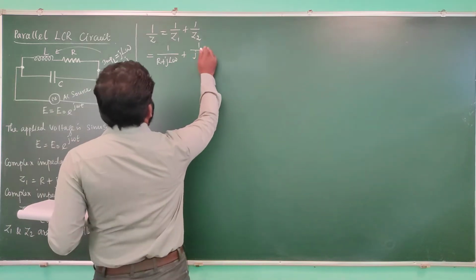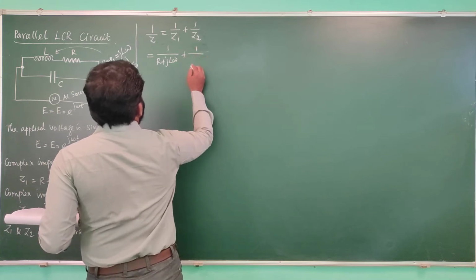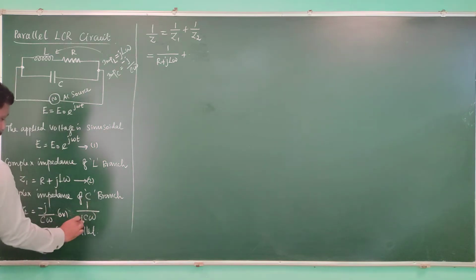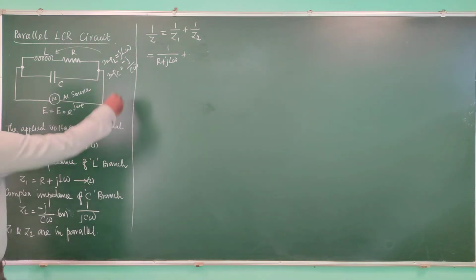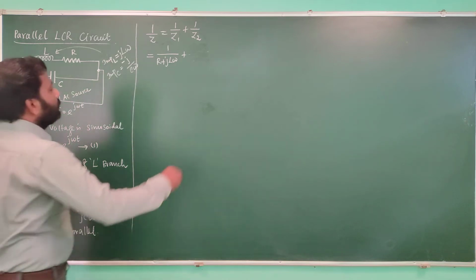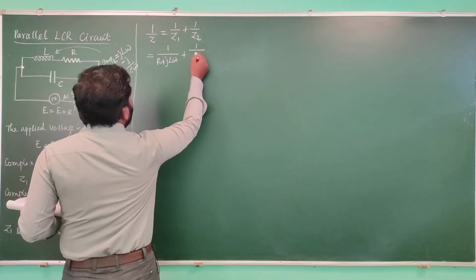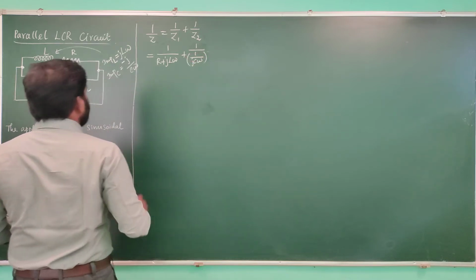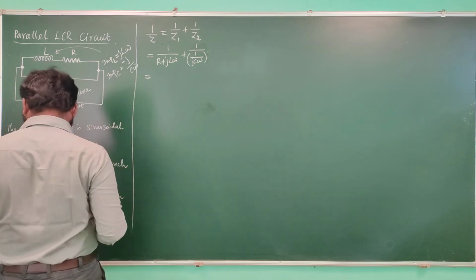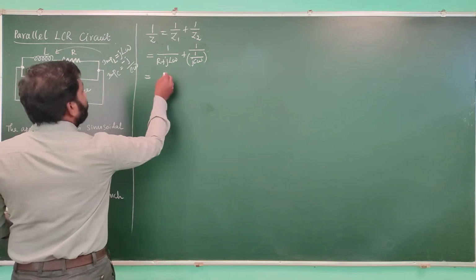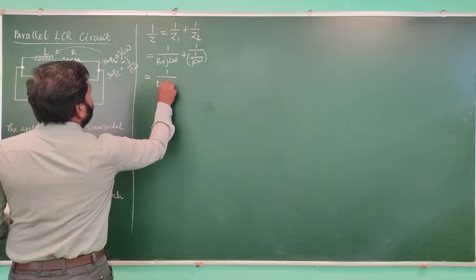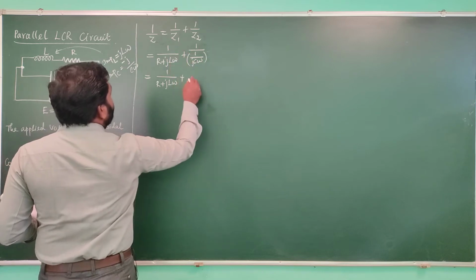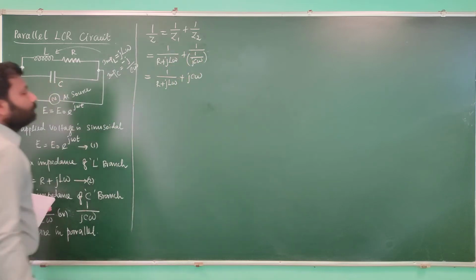So now 1 divided by 1 by j C omega becomes j C omega, and this becomes 1 by R plus j L omega plus j C omega.